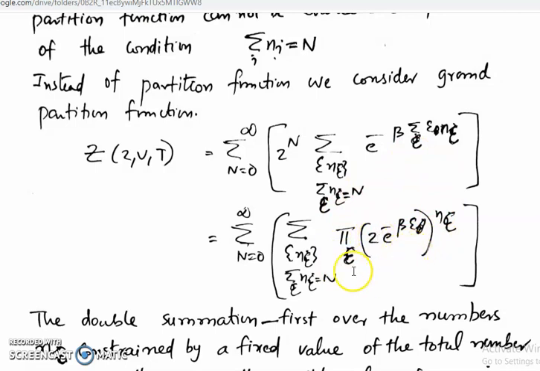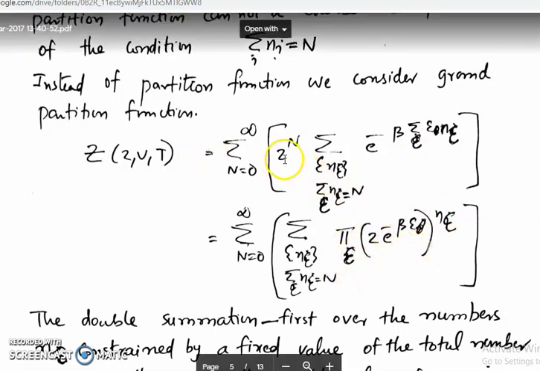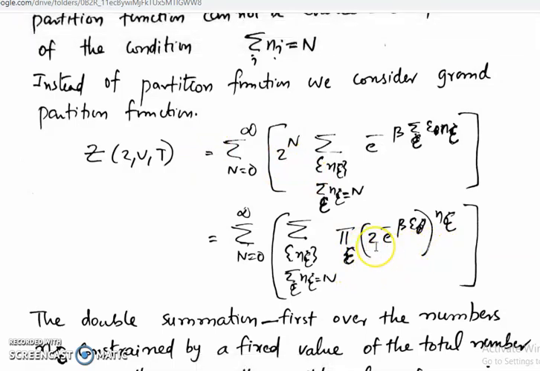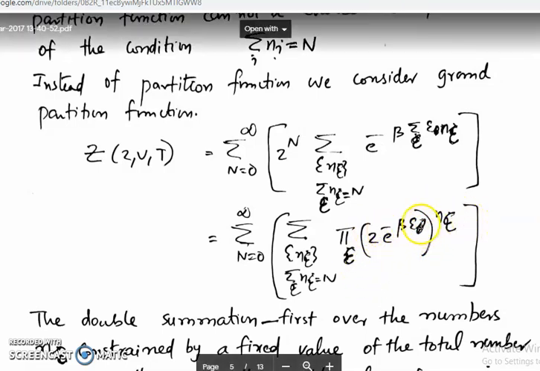While writing this product, we have taken this z into this. Why? Because we are taking the product of z to the power n_epsilon over all single particle states. So when you take that product, you will have n1, n2, n3, I mean the different single particle states.